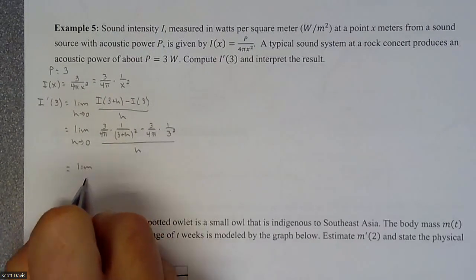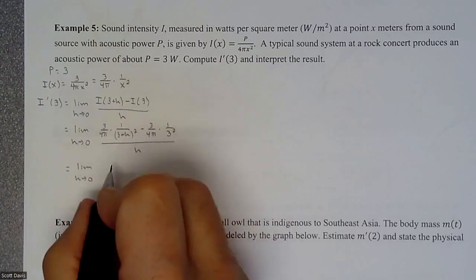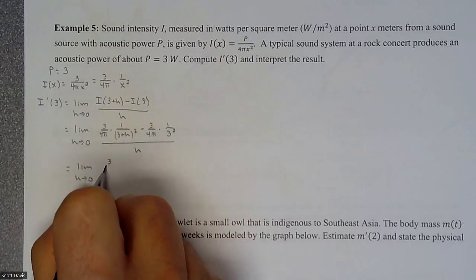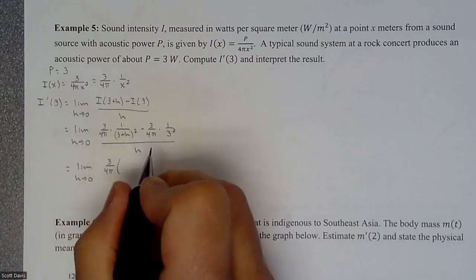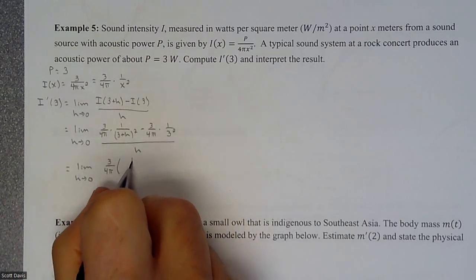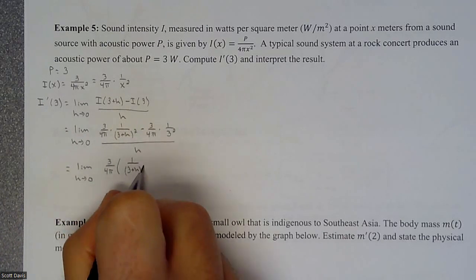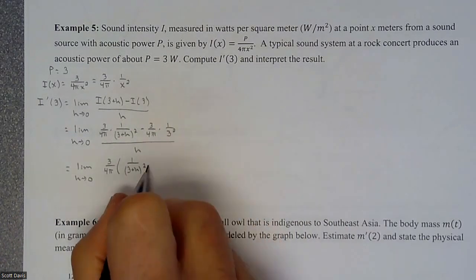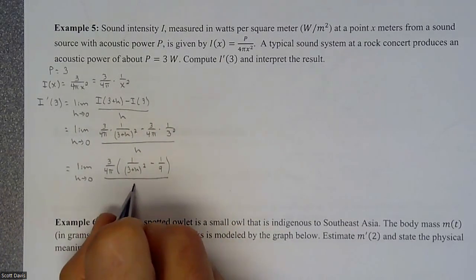Let's start to simplify this a little bit. We have the limit as h approaches 0. I'm going to pull this 3 over 4 pi off of both of these terms, to hopefully make our math nicer. We have 1 over 3 plus h squared, minus 1/9, over h.